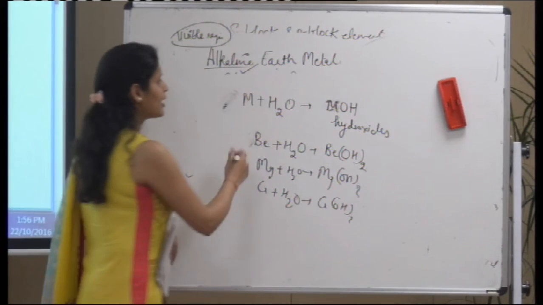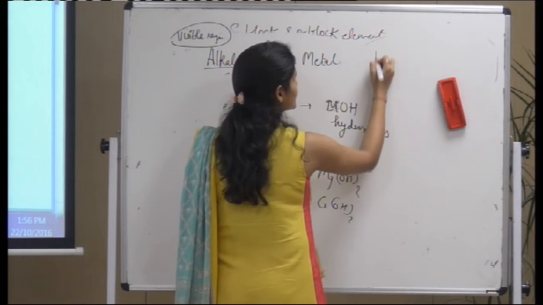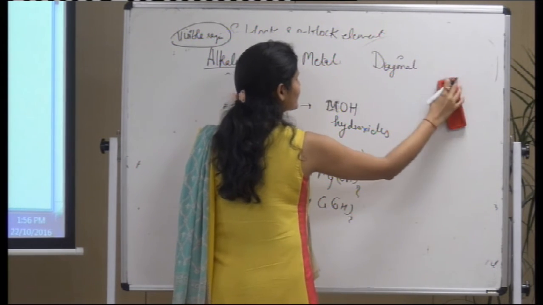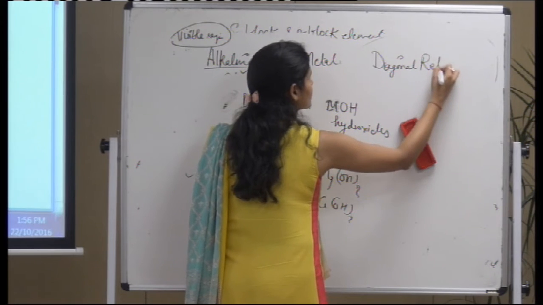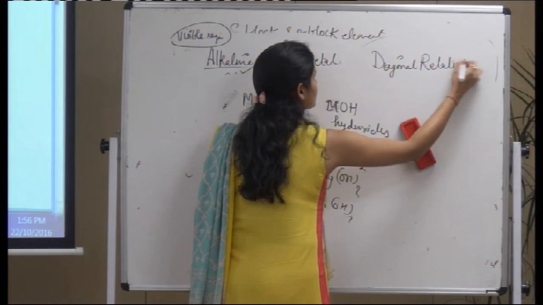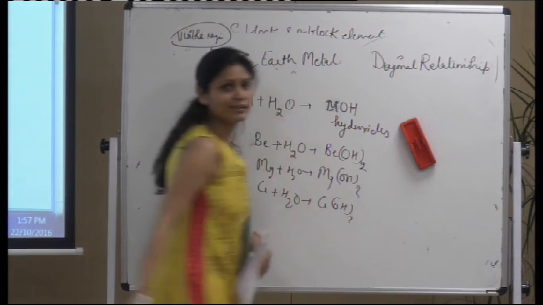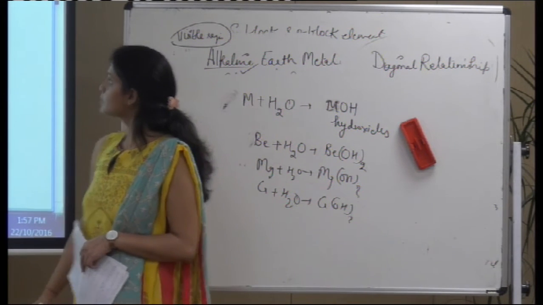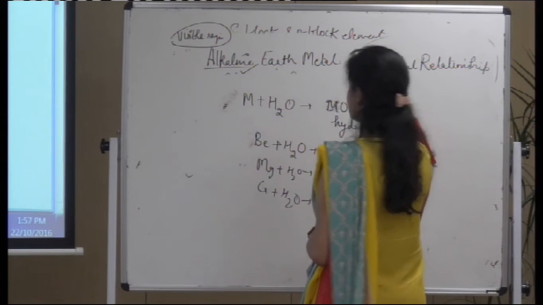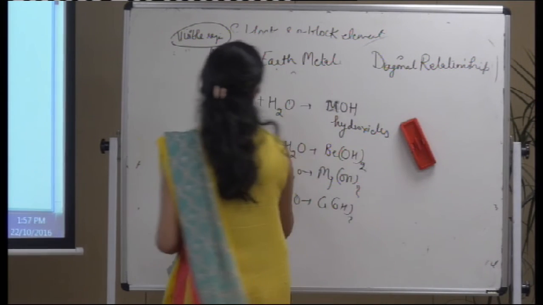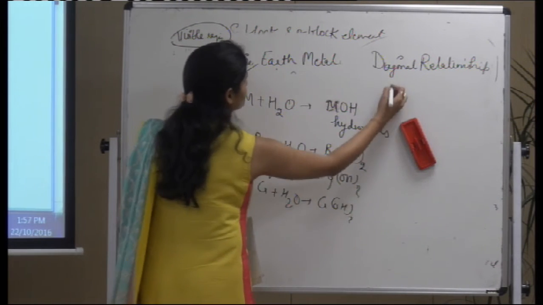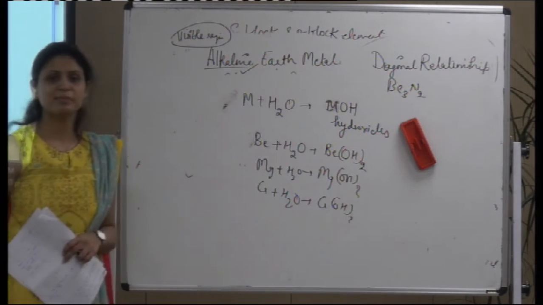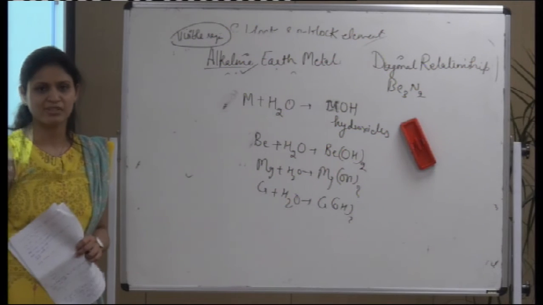Does anybody know this concept, diagonal relationship? What is diagonal relationship? Sorry, this is Be3N2, I mistakenly wrote B3N2. That would be boron nitride.